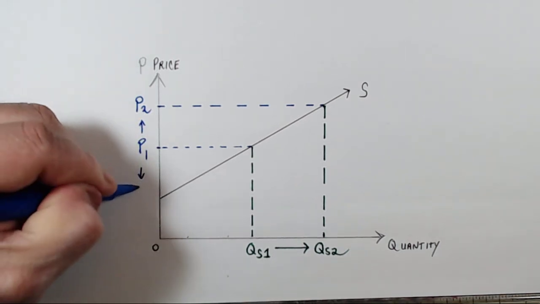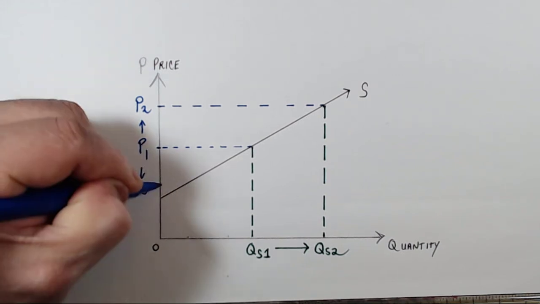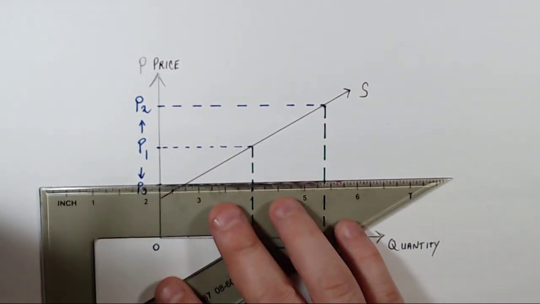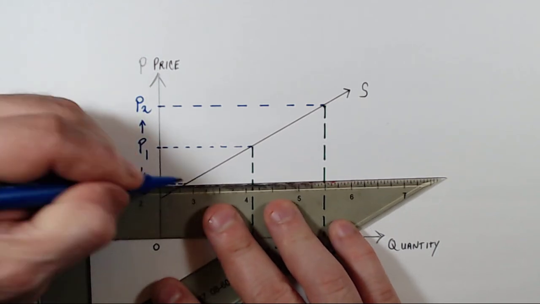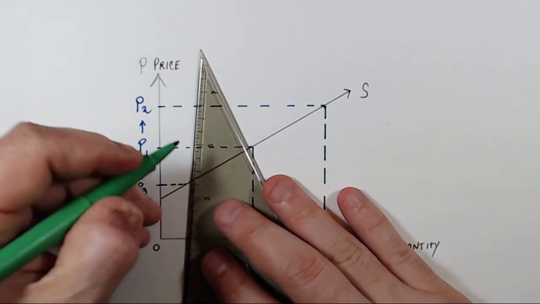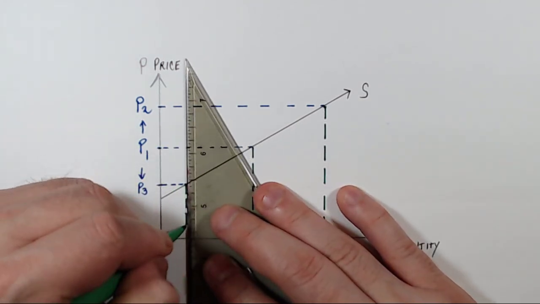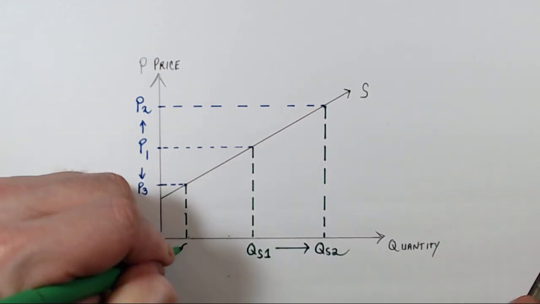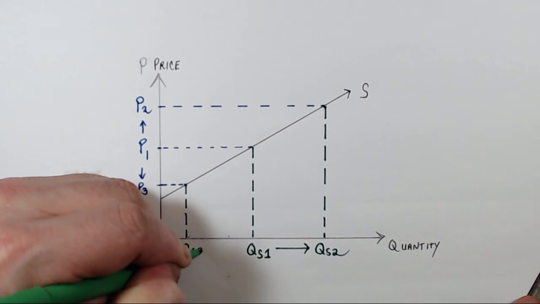Let's make price go down to P sub 3. Put this right here, and just take it out to the supply curve. And then drop your quantity vertical. And we'll call this quantity supplied 3.